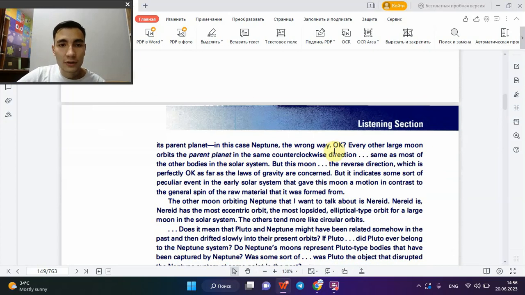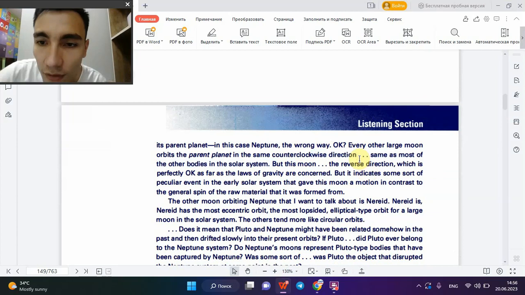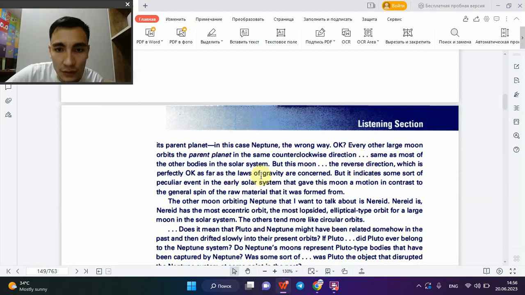Okay, every other large moon orbits a parent planet in the same counterclockwise direction, same as most of the other bodies in the system. But this moon goes in the reverse direction, which is perfectly okay as far as the laws of gravity are concerned. But it indicates some sort of peculiar event in the early solar system that gave this moon a motion in contrast to the general spin-off that it was formed from.